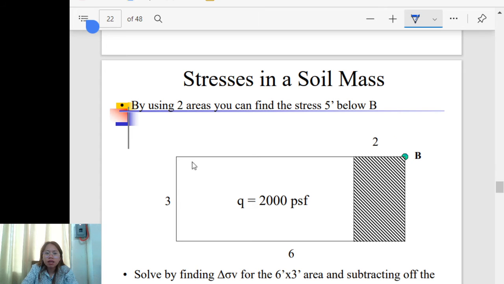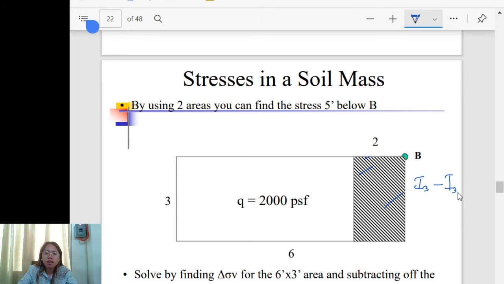We can still find it by getting the I3 of the big area minus, or subtracting, the I3 of the small area.